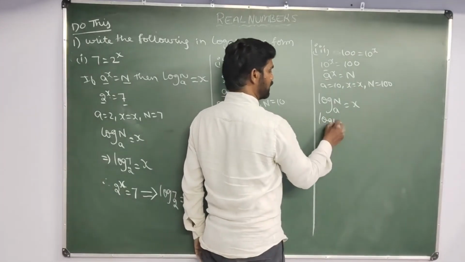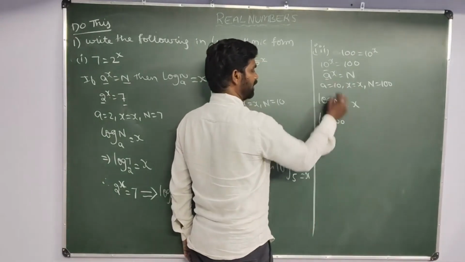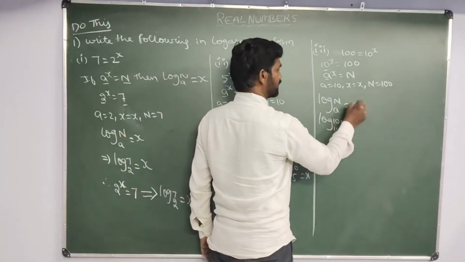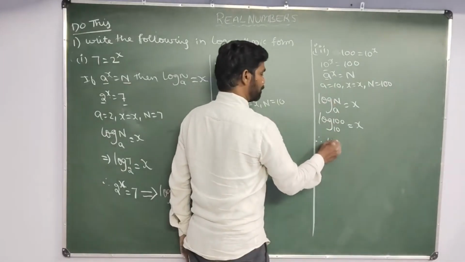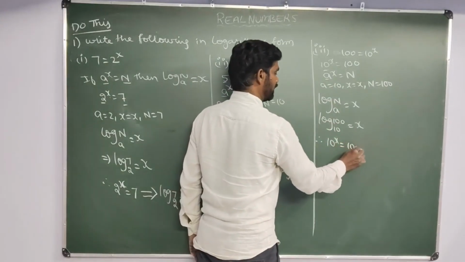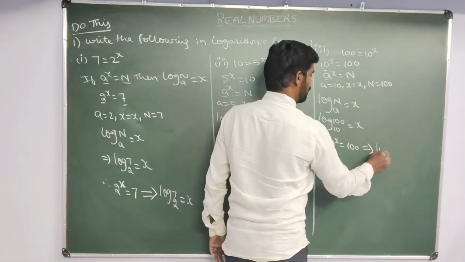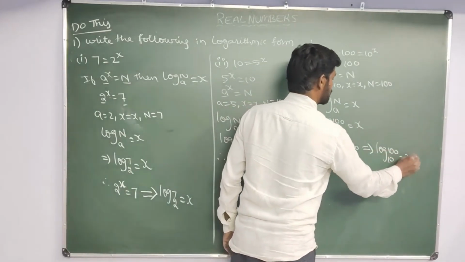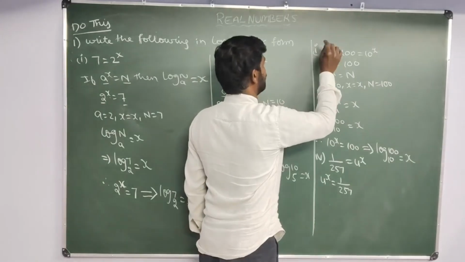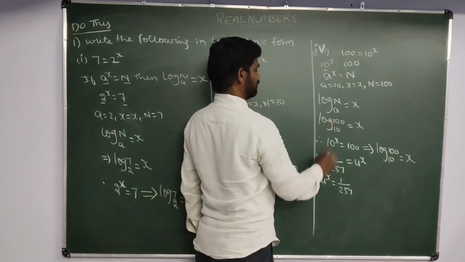What is the n value? 100. Base a value 10 is equal to x. The x value is x only. Therefore, we can write 10 power x is equal to 100 implies log 100 base 10 is equal to x. Okay, students, this is the fourth question.